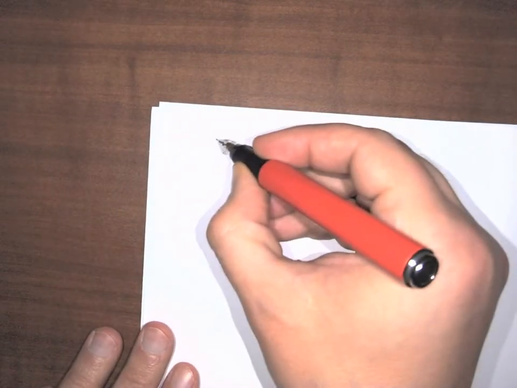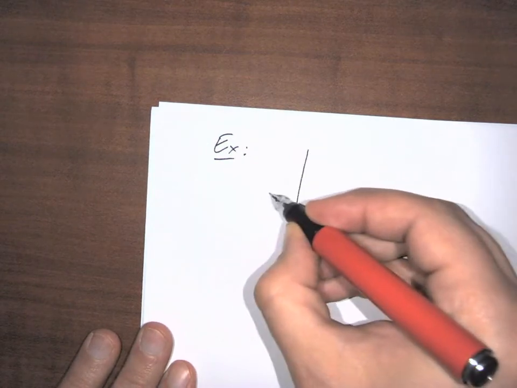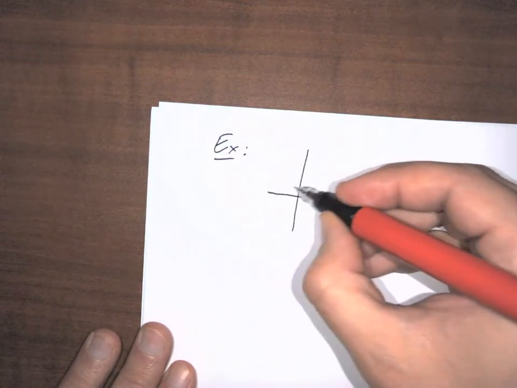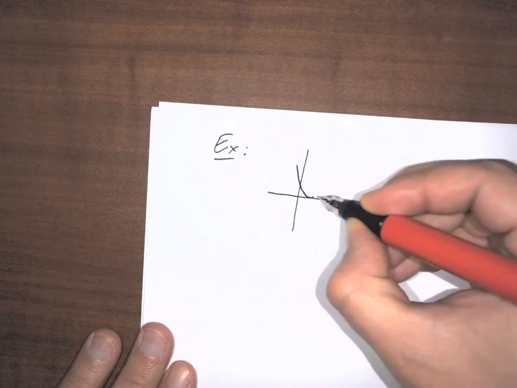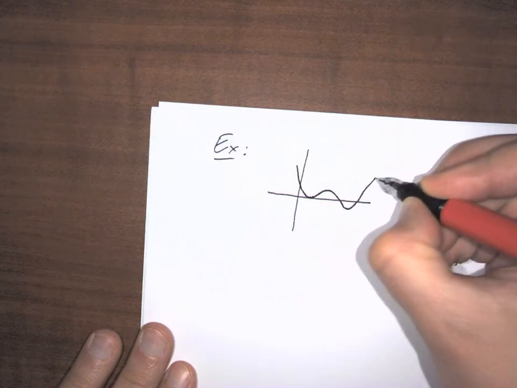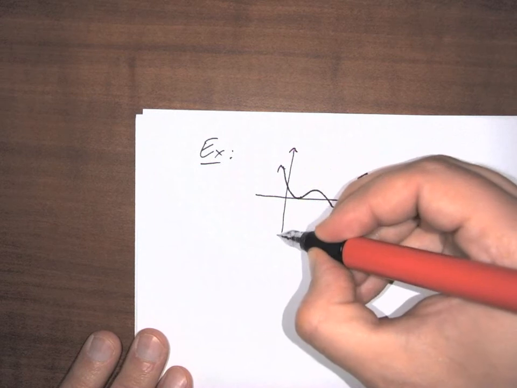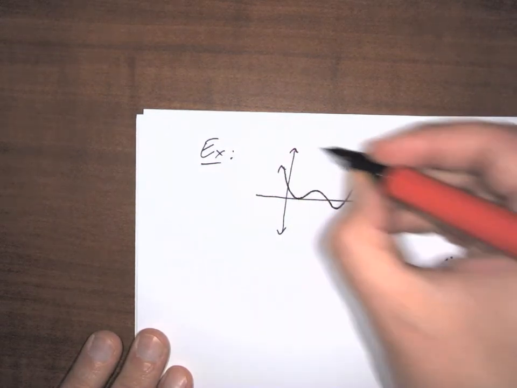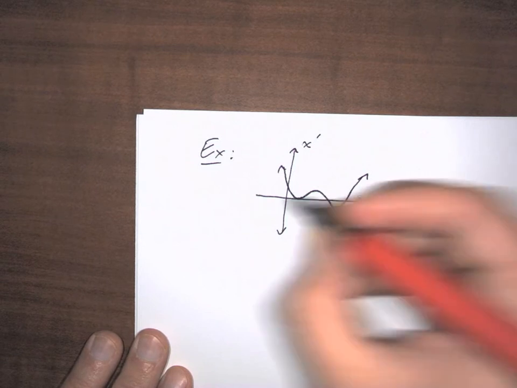Now the way these can come about is if we had something like this. Here, another way these are often labeled is x prime and x.